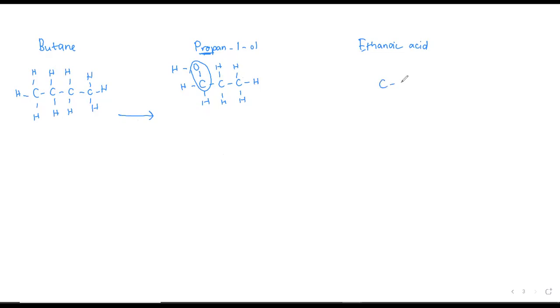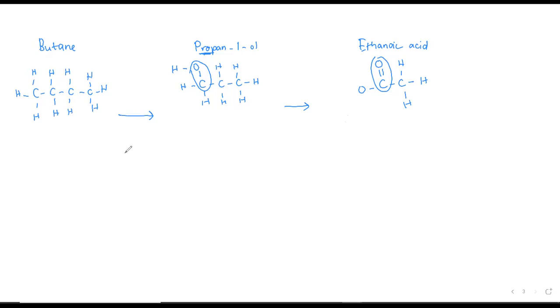Well, ethanoic acid has 2 carbon atoms, but there's a double bond O. A double bond is much stronger than a single bond. So as we go from the propanol to the ethanoic acid, the strength of the intermolecular forces also increases.